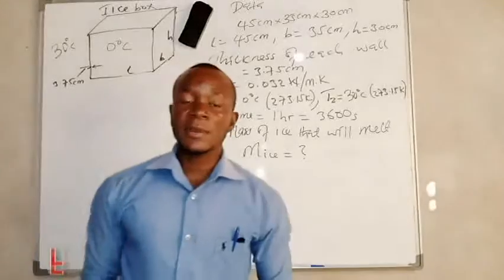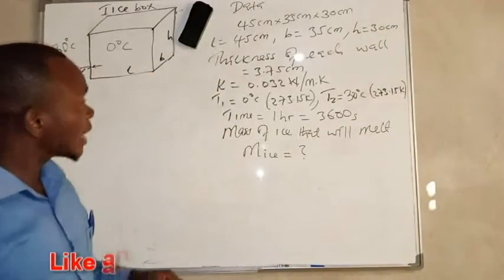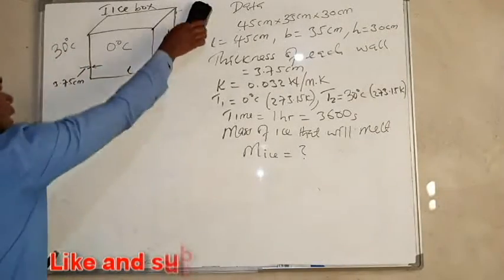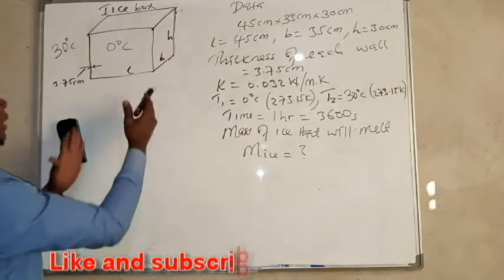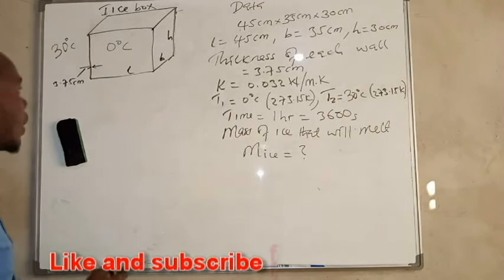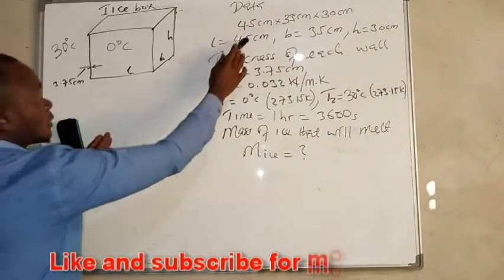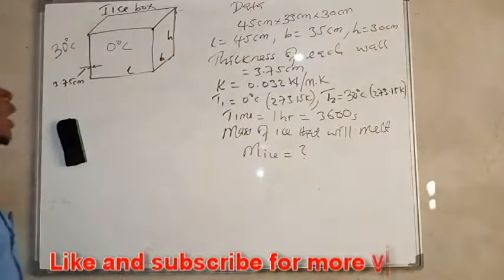Let's first draw the box so that we can understand better what this question is all about. The box looks like this, where we indicate the interior dimensions: it is 45 by 35 by 30, in centimeters.